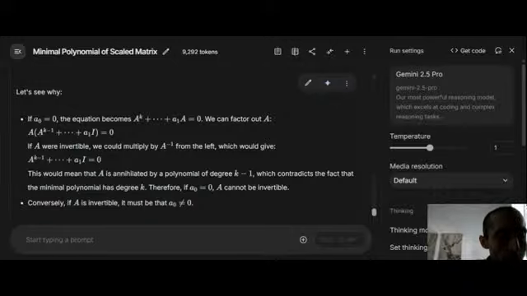But if you get this equation and A is invertible, which it should not be because a0 is zero, we said that if the constant term in the polynomial is zero, it must be that the matrix is not invertible.